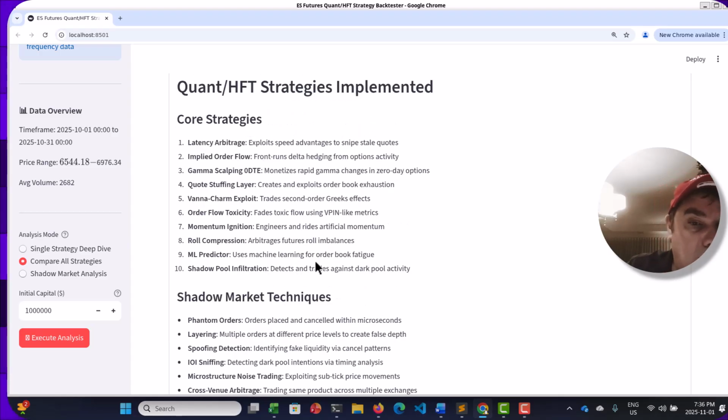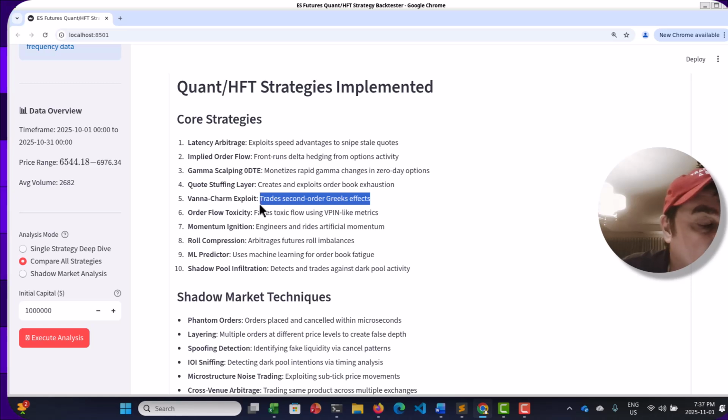Okay, so the best ones we're dealing with here are order flow toxicity, phase toxic flow using VPIN-like metrics. I kind of go over that in that last video that I highlighted. The Vanna-Charm Exploit trades second order Greek effects.